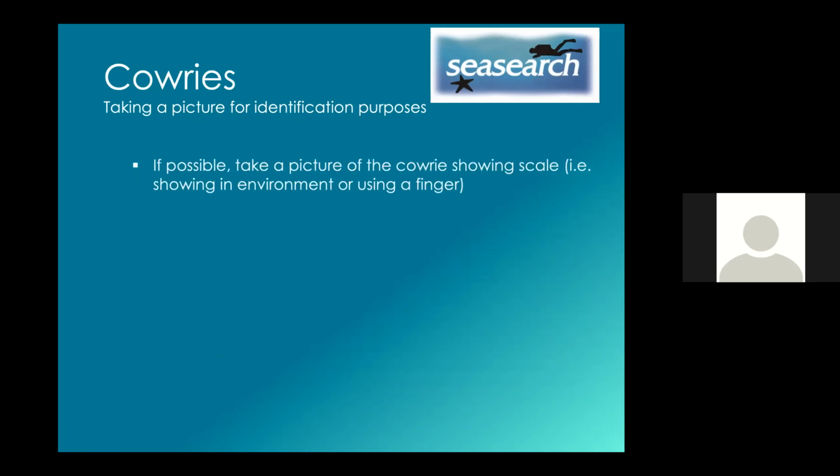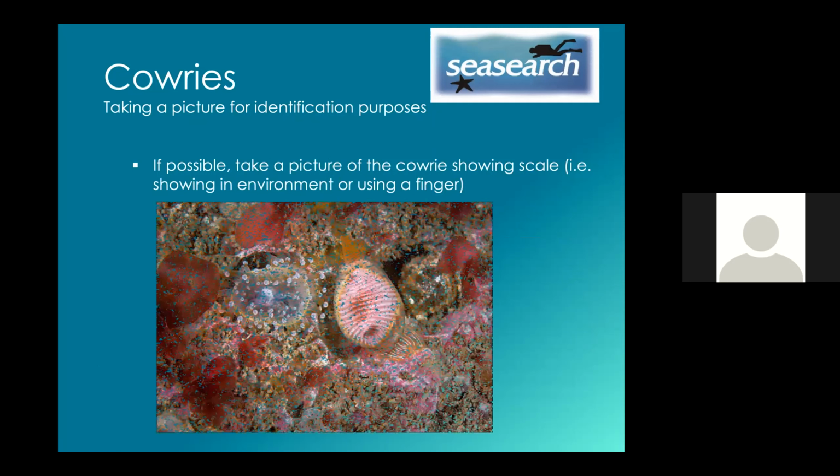try to take a picture of the cowrie showing scale in the environment. So now, if you can see this picture of the cowrie, this is a slightly different cowrie, and you can see the mantle is different and the foot is different. So there you go, that's an Arctic cowrie here. And you can see it's right next to a jewel anemone, so it gives us the idea of the size of this cowrie.